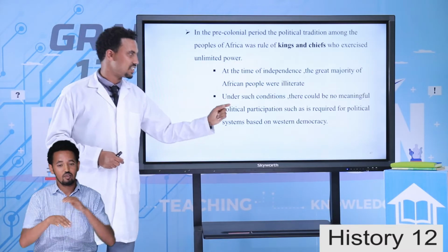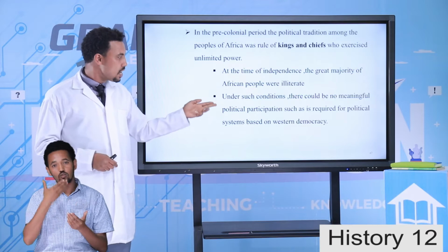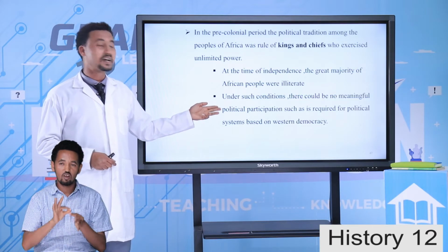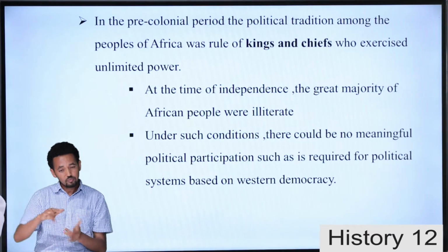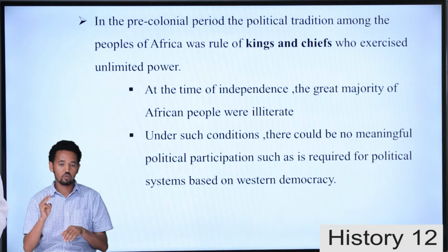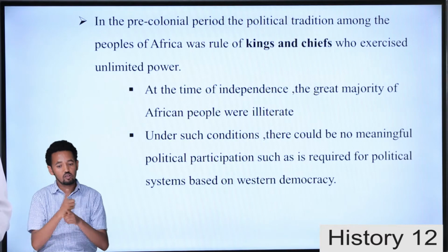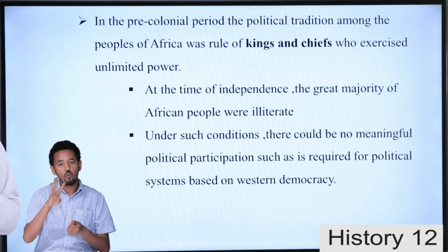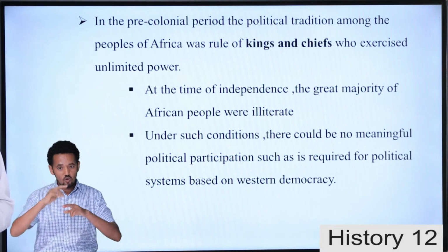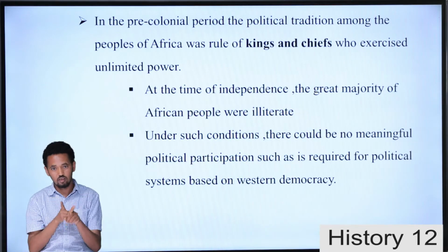Under such conditions, there could be no meaningful political participation, such as is required for a political system based on Western ideology. It is difficult to implement Western ideology in Africa directly.